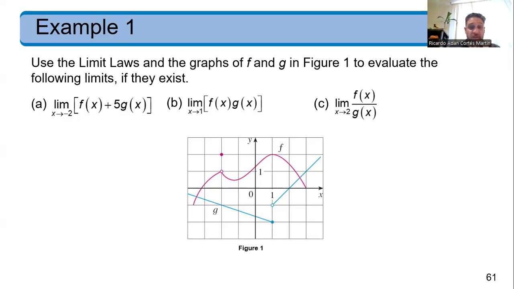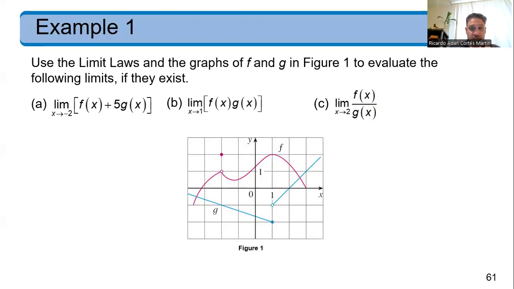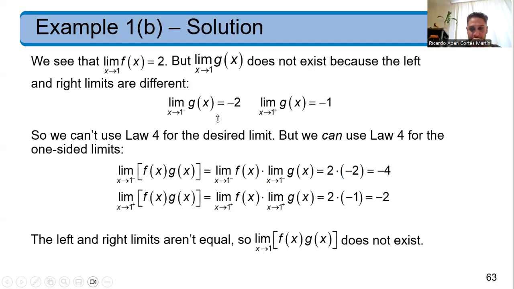Well, we have to calculate the limit from the left and from the right. But notice the following. The limit from the left is not the same as the limit from the right. So this limit is not defined. And if it is not defined, then I cannot multiply this. So this limit doesn't exist. Okay? All right.